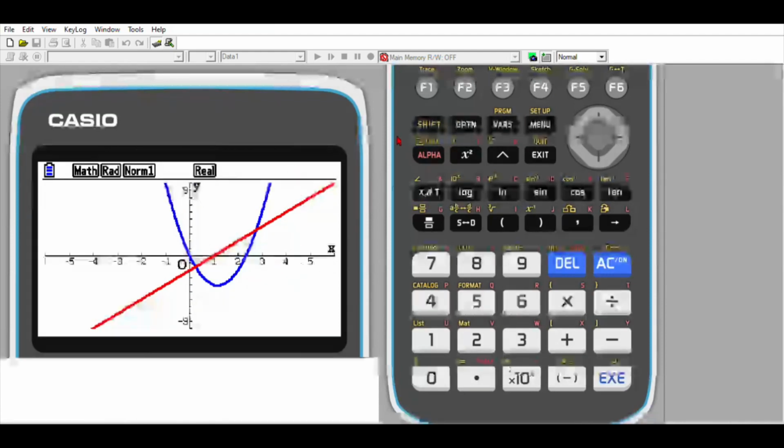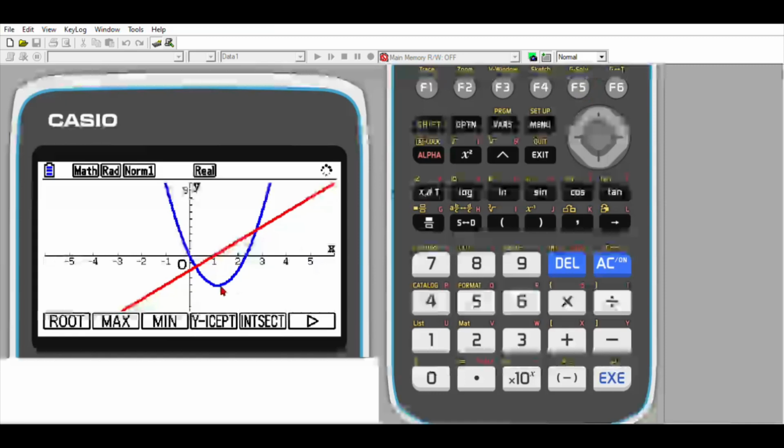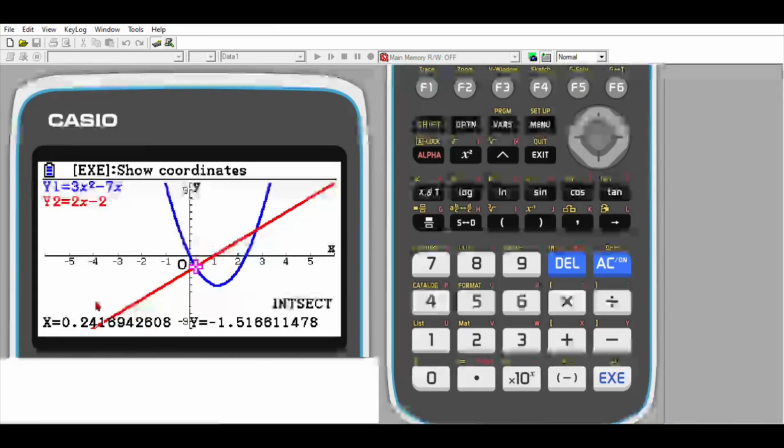So let's calculate those two intersection points. Shift G solve, intersect, right? F5. And we get the first point over here at 0.242, and the second intersection point is at 2.76. Okay, so those will be the limits of my interval.